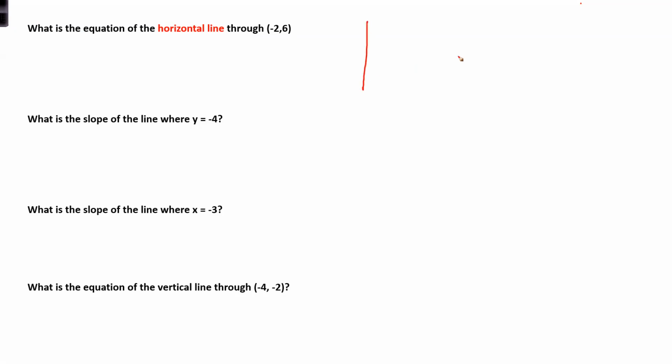This is vertical. This is horizontal. It's a horizontal line. That means the line is like this. One of the coordinates is -2, 6. That means x is equal to -2, y is equal to 6.